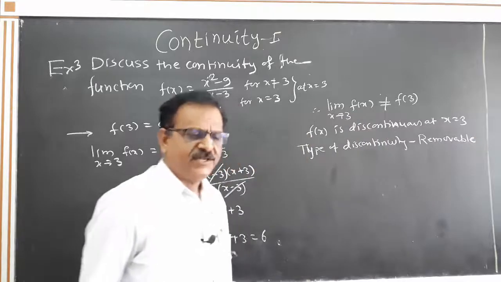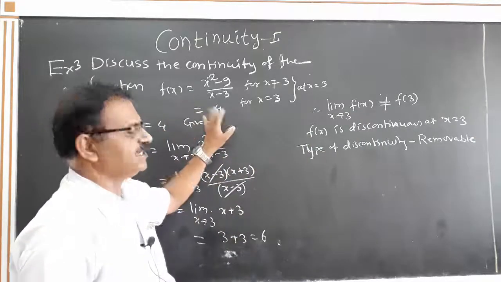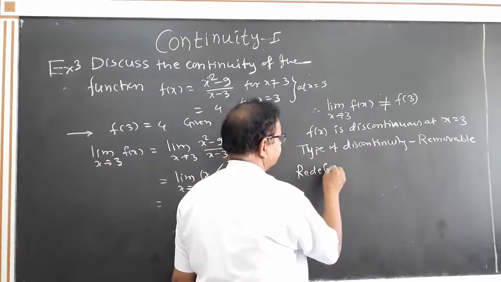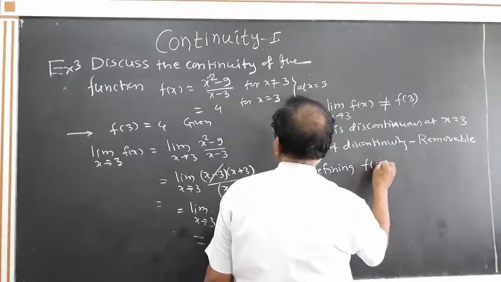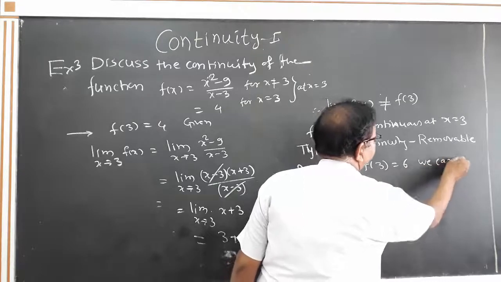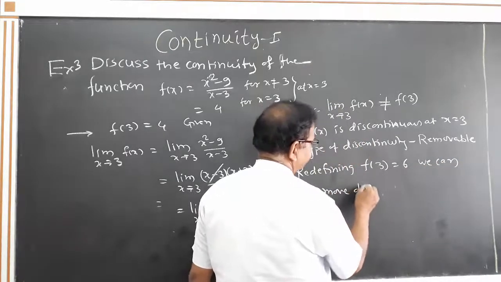Here is removable discontinuity, and we can remove this discontinuity by redefining the function fx at x equal to 3. Redefining f of 3 equal to 6, we can remove discontinuity.